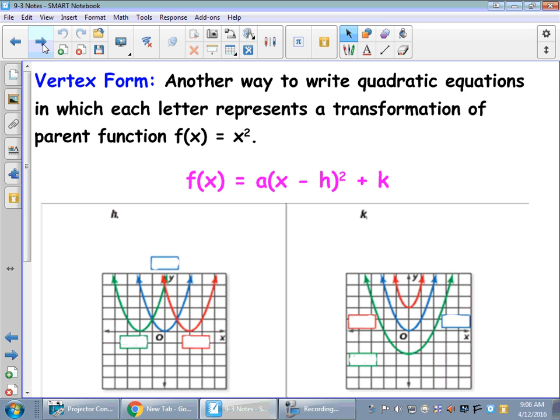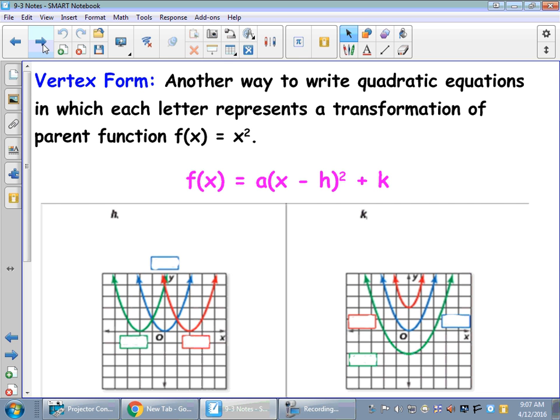We already studied standard form, and that's your ax squared plus bx plus c. This is just another way to write the equation of a quadratic, and this time the letters represent the transformations. So instead of a's, b's, and c's, we now have a's, h's, and k's, and each of those letters describes a different transformation from the parent.